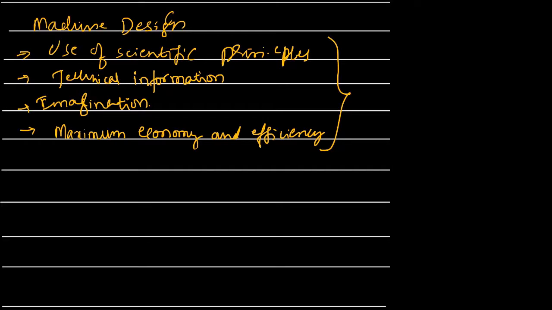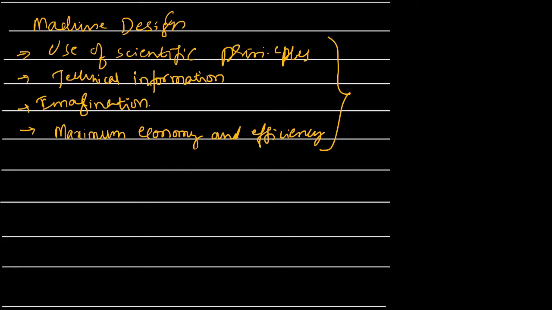Similarly, you need imagination: how different situations are going to occur and what different types of components you are going to use. After inclusion of all these three, the functioning of that machine has to be of maximum economy and efficiency. That means it should be completed with a minimum amount of money while providing the maximum efficiency. That is the definition of machine design.